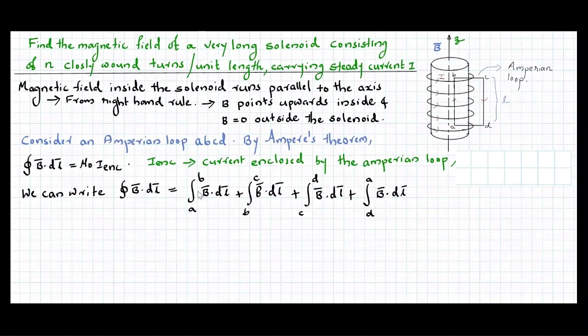If you evaluate the four integrals separately and add them together, you will get closed integral B dot dl. Now let us evaluate each integral separately.